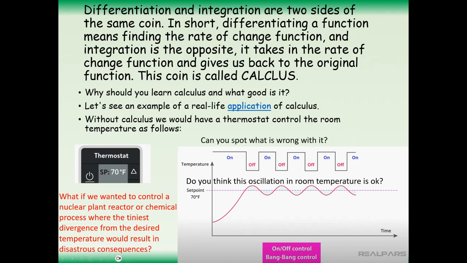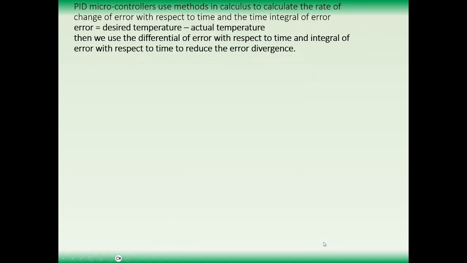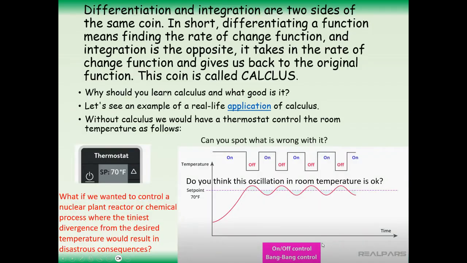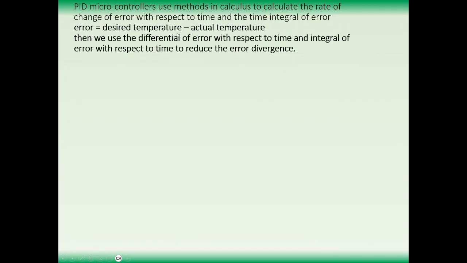This on and off switching can be controlled with PID microcontrollers in real industry. PID: P stands for proportional, I stands for integral, and D stands for differential. In those controllers you take the desired temperature and the actual temperature and find their difference, and that's called the error.